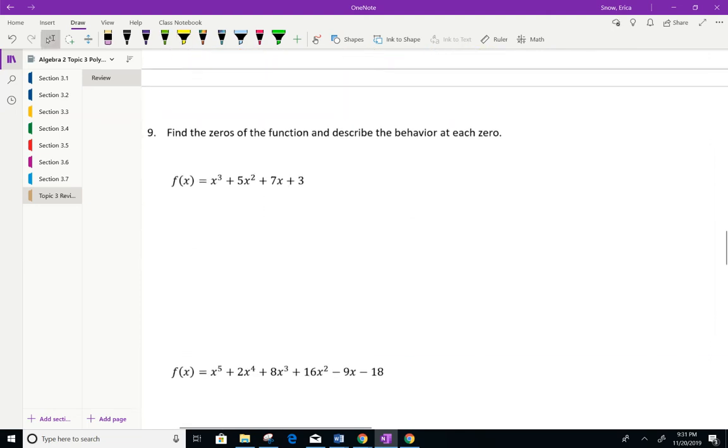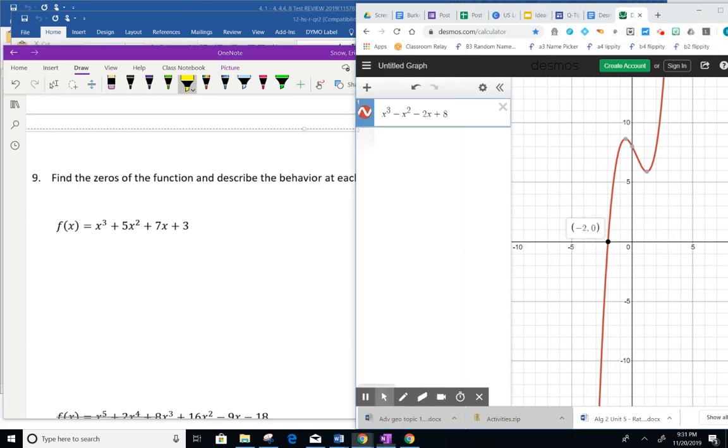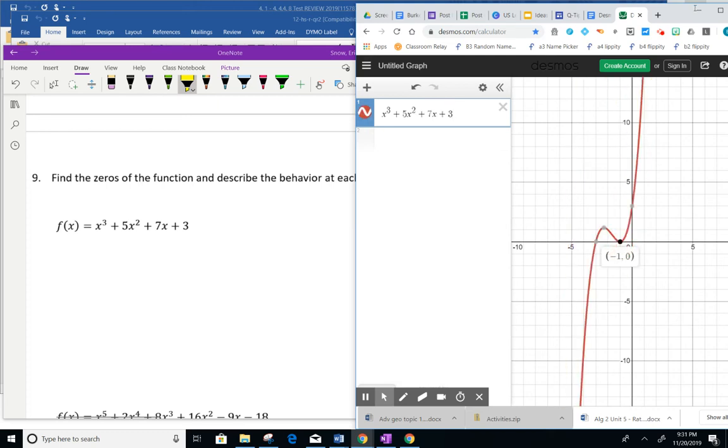Okay, number 9 says find the zeros and describe the behavior at each zero. So again, we're going to go back to Desmos for this. And I'm going to graph x cubed plus 5x squared plus 7x plus 3. And we have a 0 at -1 and a 0 at -3.